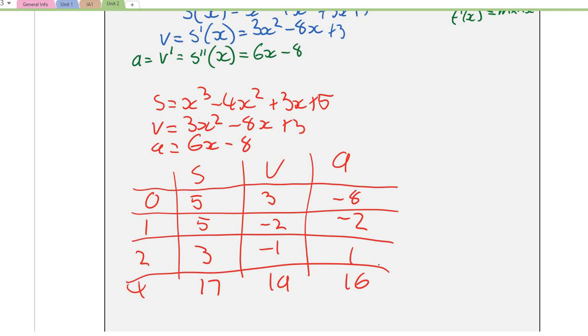So at time 1, you can see that our velocity has become negative because we've decelerated. We've started traveling opposite to our original direction. And then that continues at time 2. Then at time 4, we've actually sped up a ton in the positive direction.